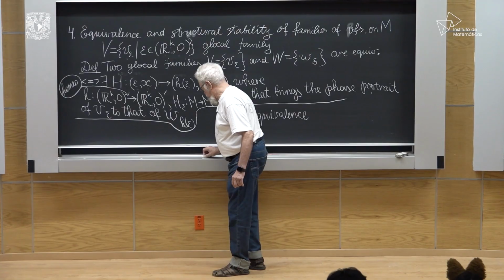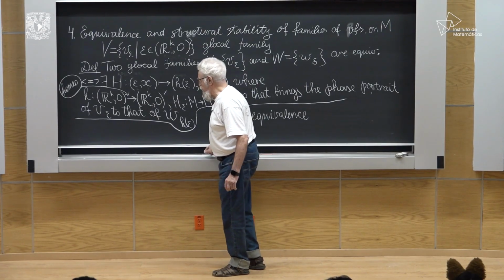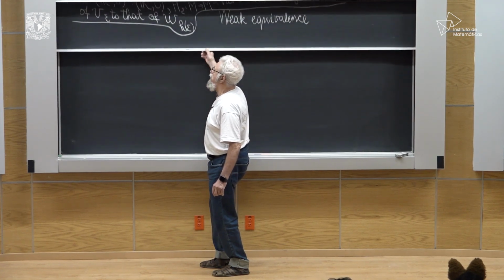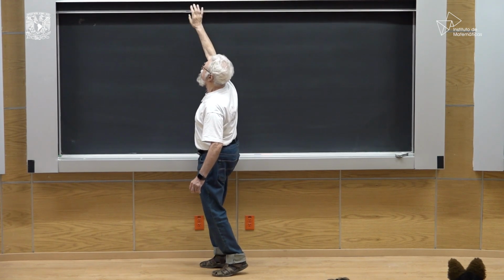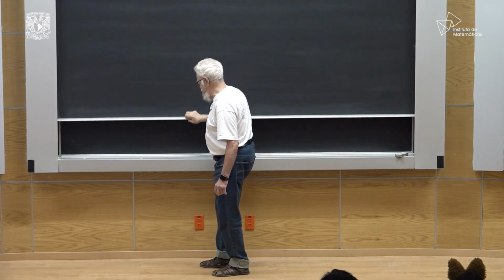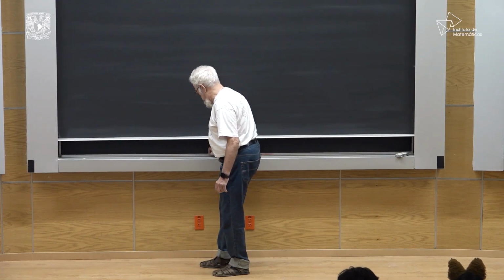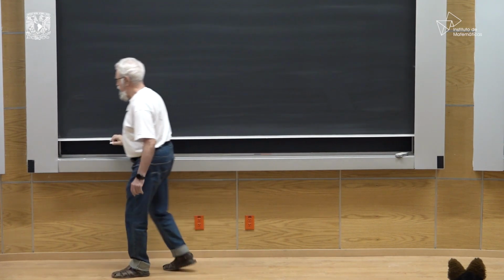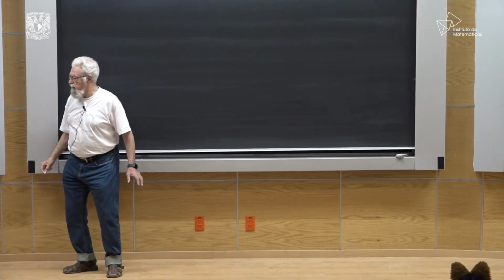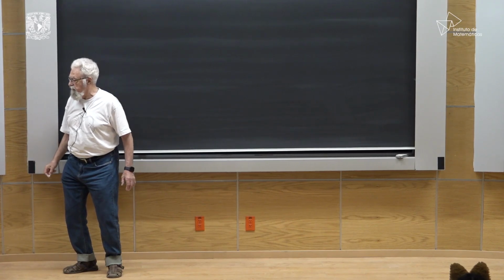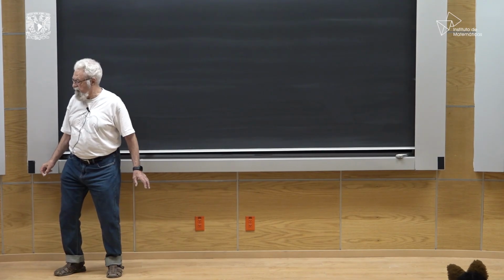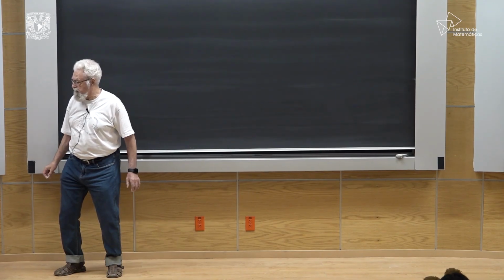So, I want to find some obstacle to equivalence of families of vector fields in the sphere. Before giving you an explicit example, I will just give you some heuristic ideas of why the equivalence may not take place.